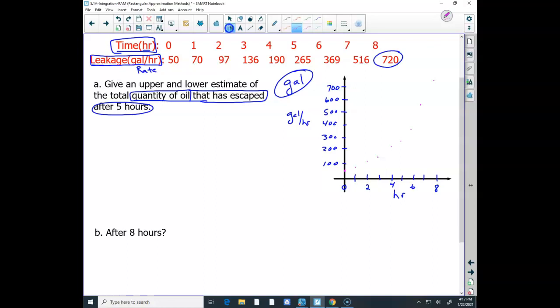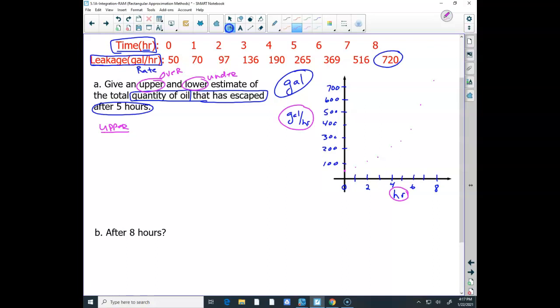And bottom line, if they want an upper and a lower estimate, upper estimate is an overestimate. Lower estimate is an underestimate. Okay? So if I'm thinking about this, and I know I have to take hours times gallons per hour to do this, my upper estimate, notice how nice they were.